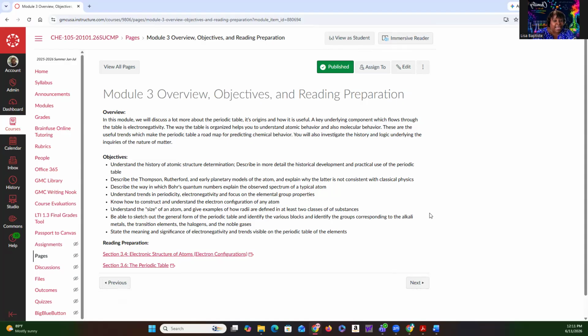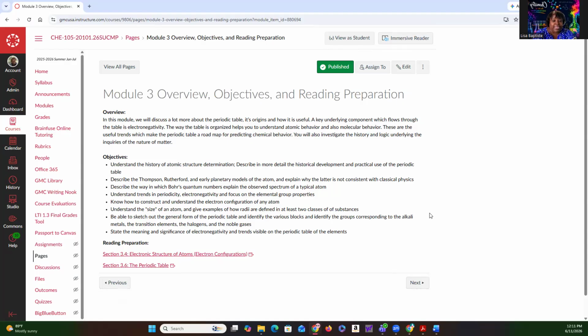understand trends of periodicity, electronegativity, and focus on the elemental group properties, know how to construct and understand the electron configuration of an atom, understand the size of an atom, and give examples of how radii are defined in at least two classes of substances, be able to sketch out the general form of the periodic table and identify the various blocks and identify the groups corresponding to the alkali metals and the transition elements, the halogens and the noble gases.